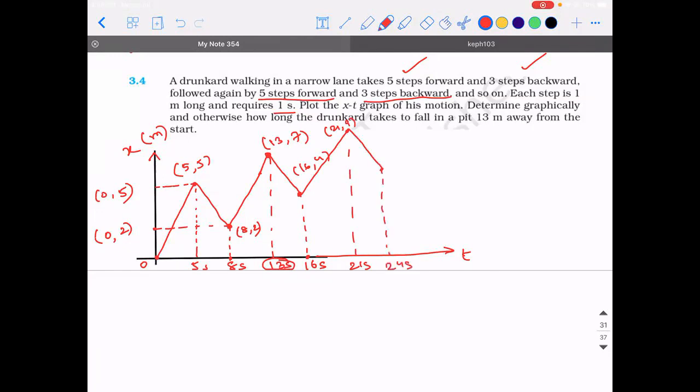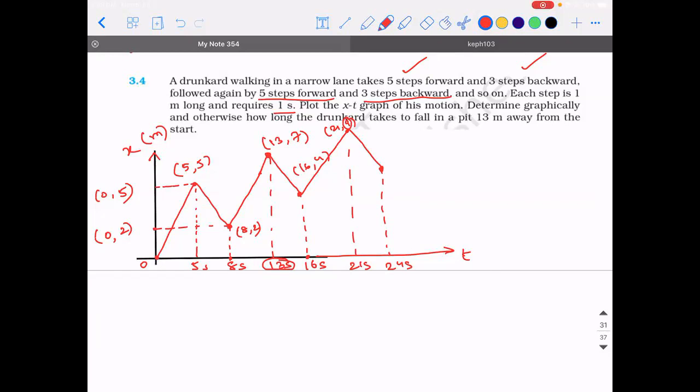At the end of the 24th second, he will be at a position of 6. By the end of 21 seconds, he has completed 9 meters.